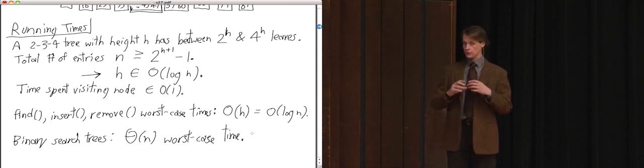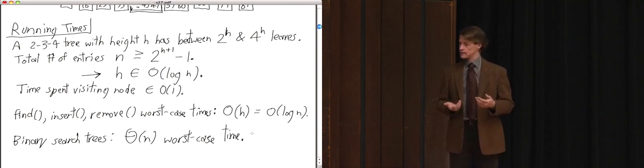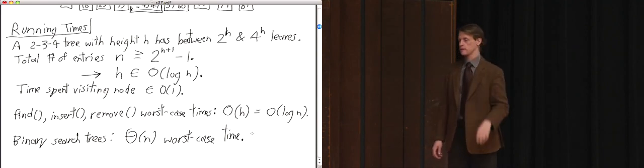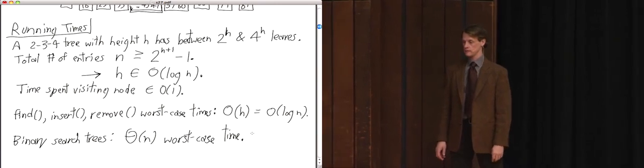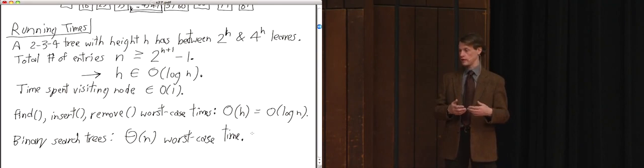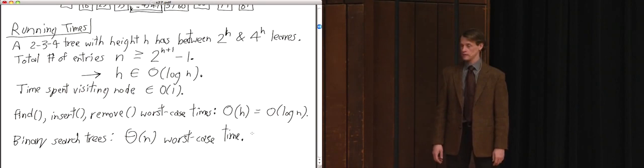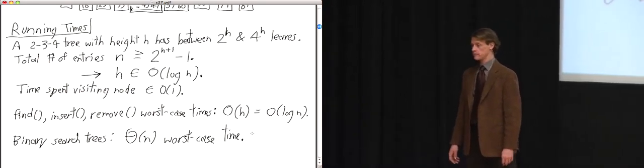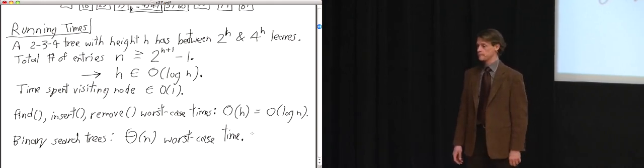So the way you would do a 2, 3, 4 tree is you would create a tree node object, kind of like a list node object, that has a parent pointer and 4 child pointers. And yes, if you have a list of elements and you want to put them into a 2, 3, 4 tree, you just insert them one by one. I don't know of a more efficient way. Yeah, it is n log n to create a 2, 3, 4 tree in general.